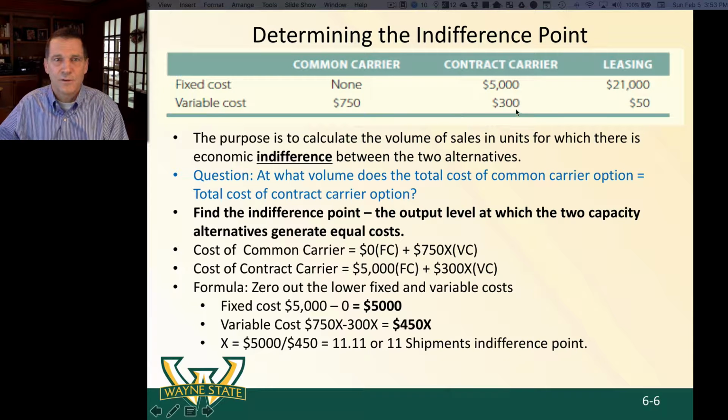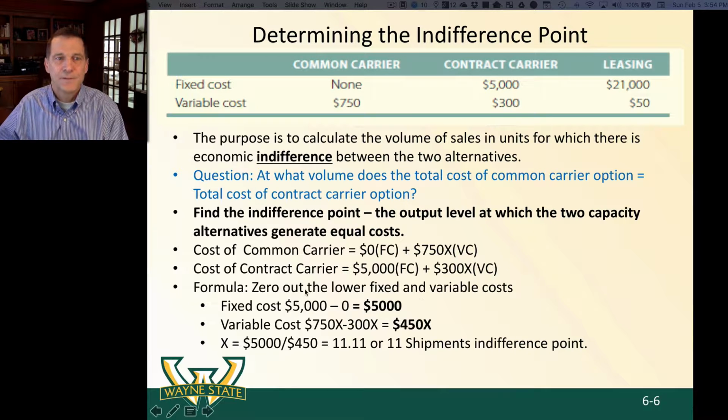Let's look at those 2 options and find the indifference point. Cost of the common carrier: $0 fixed, plus $750 per shipment, X. X represents the shipments. Cost of contract carrier: $5,000 per month fixed cost, plus $300 times the volume of shipments as a variable cost.